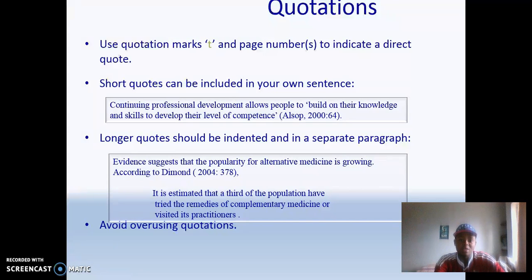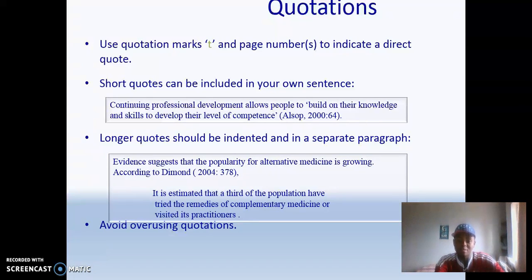You can also use quotations to indicate a direct quote. Short quotes can be included in your own sentences. Here we have an example whereby continuing professional development allows people to build on their knowledge and skill to develop their level of competence. And you can see that they recognize whoever wrote it.